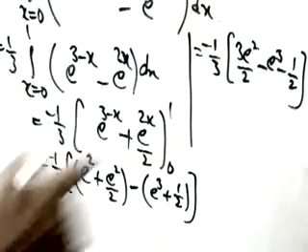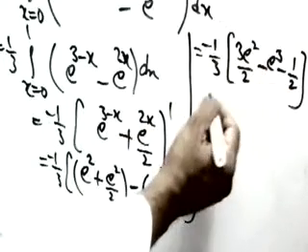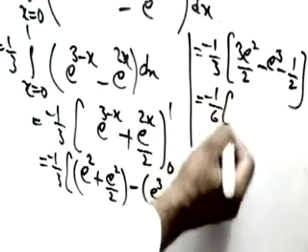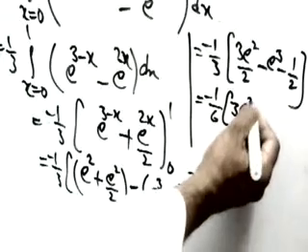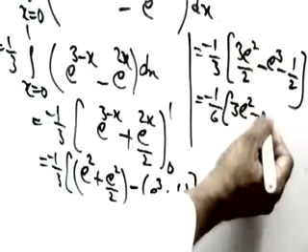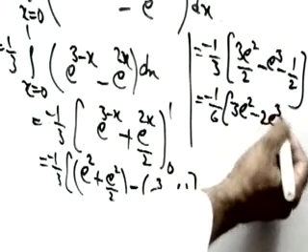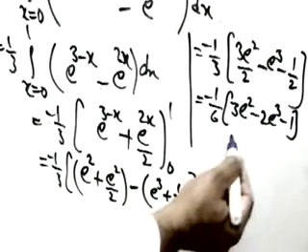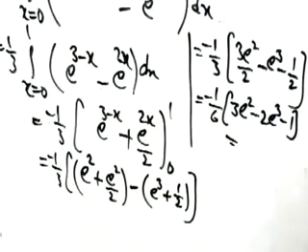Let us take LCM. If we take LCM, this will become 2 into e cube, 2e cube minus 1. So this 2 will come outside, minus 1 by 2, 3 is 6. This will be like this, 3e square minus 2 into 2e cube minus 1. We can leave it here, we can solve. Okay, let me leave it here itself, no need to solve. So this is the answer.